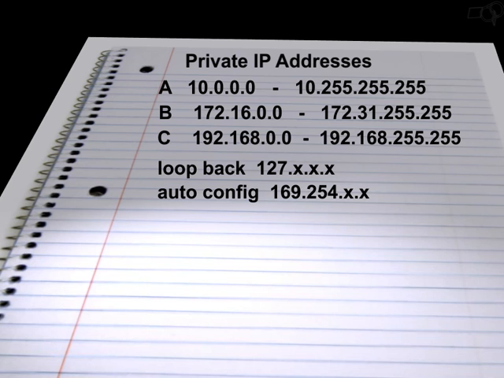Usually that happens when the computer boots up and has not been assigned an address for a device. The first octet is going to be 169. The second octet will be 254.